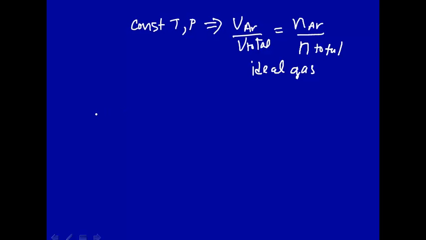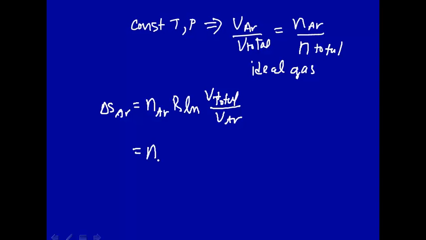So let's rewrite one of these expressions, say delta S for argon, which we said was the number of moles of argon times R times the natural log of the total volume over the volume occupied by argon. That's equal to the number of moles of argon times R times the natural log of the volume of argon over the volume total inverted.